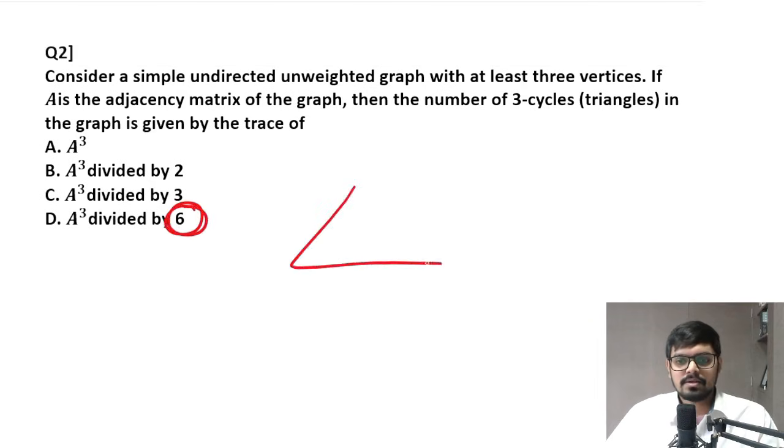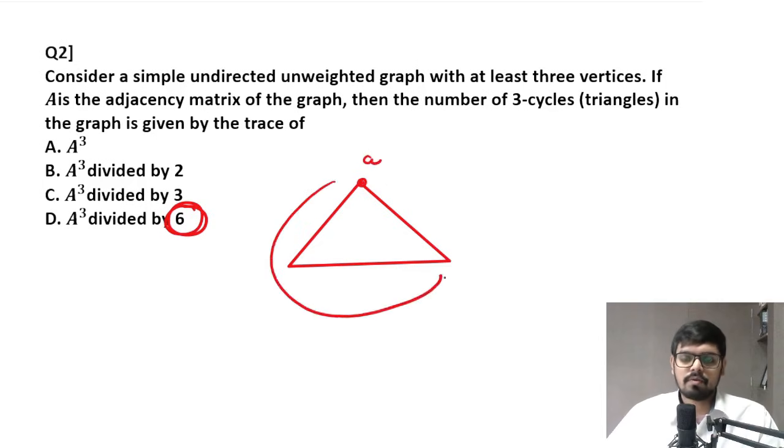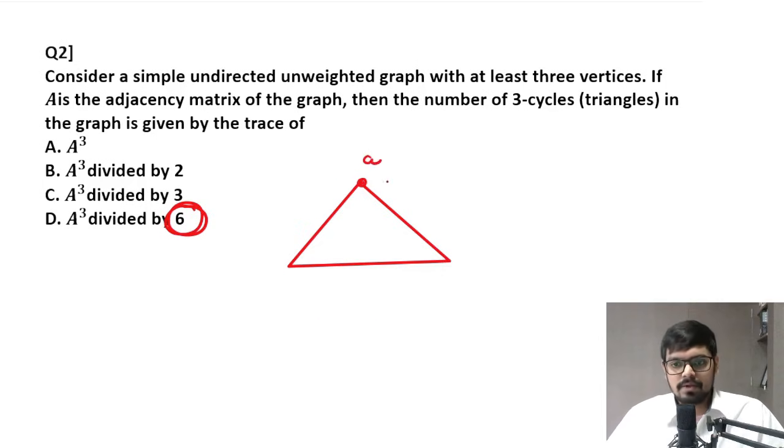Because that triangle is repeated 6 times. How 6 times? This vertex A will travel clockwise and cover this triangle, and will travel anti-clockwise and cover the triangle. So this triangle 1 is covered by A twice, clockwise and anti-clockwise.